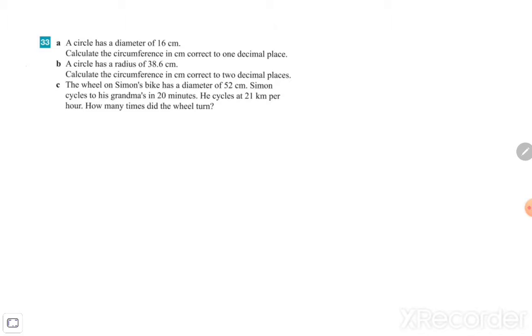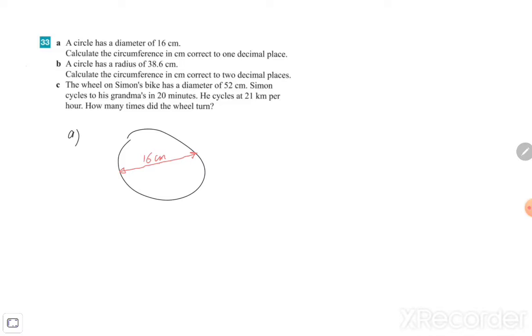First of all, what is a diameter? If we make a sketch of a circle, then the diameter is a line through the center from one side of the circle to the other side of the circle. So this is 16 centimeters.